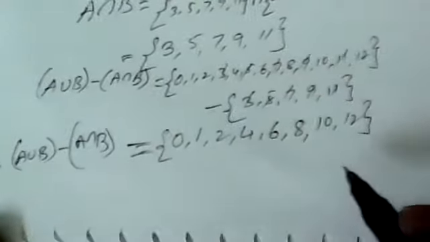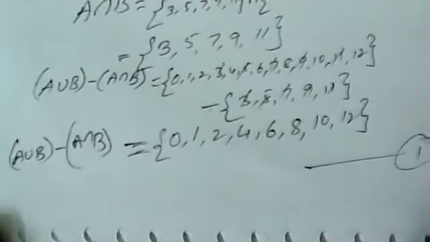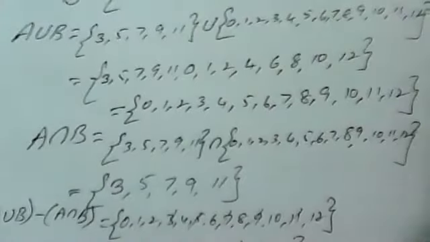Okay. So let's take this as 1, the left hand side, whatever we have got. So all of you note down this, and next let us see RHS. Okay. Copy down.